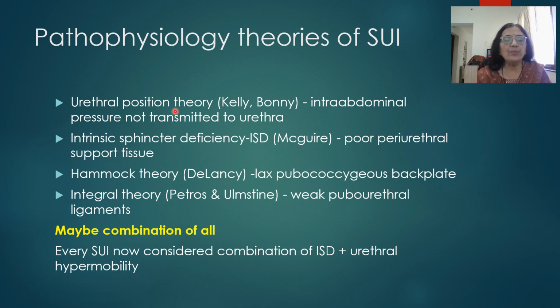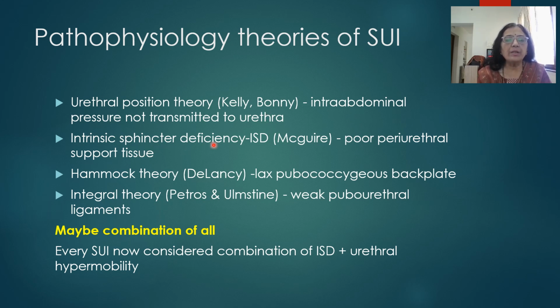First is the urethral position theory, which was discussed by Kelly and Honis long back, according to which the urethral position has gone down below the normal level, which is leading to intra-abdominal pressure not getting transmitted to the urethra. So with raised intra-abdominal pressure, the urethra is not getting closed but remains patent, and that leads to incontinence.